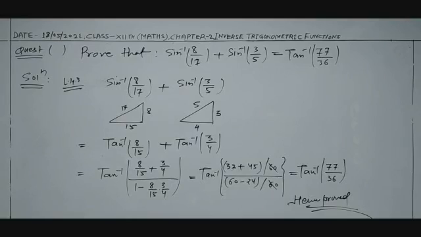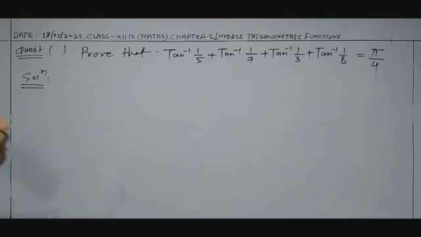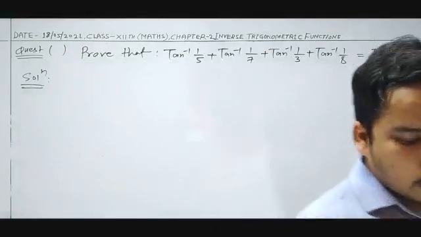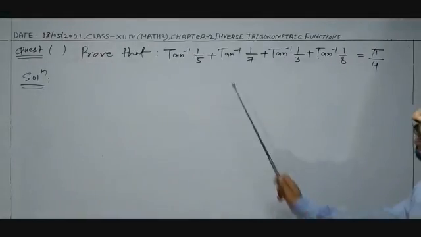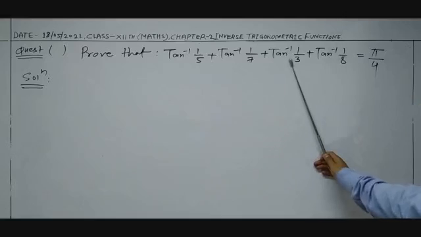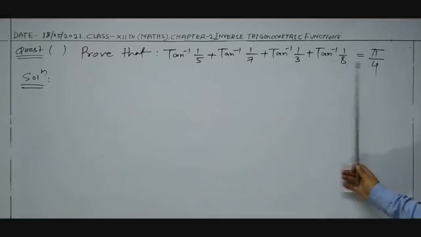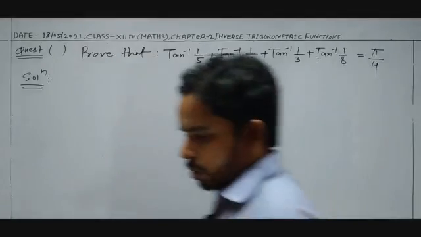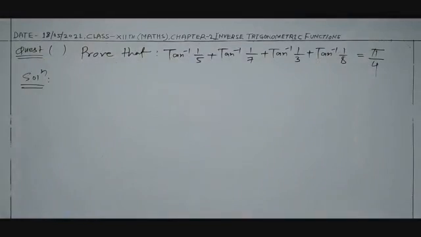Now come to question number 6. In question number 6 there is a proof: tan inverse 1 by 5 plus tan inverse 1 by 7 plus tan inverse 1 by 3 plus tan inverse 1 by 8. The result is pi by 4. So we have to take the left hand side of this expression.